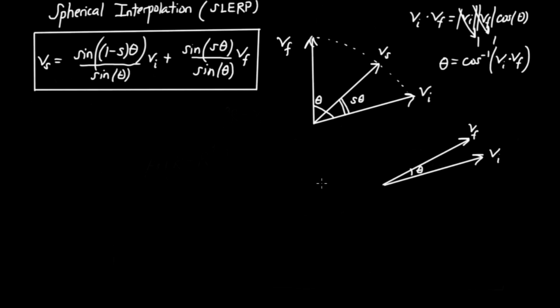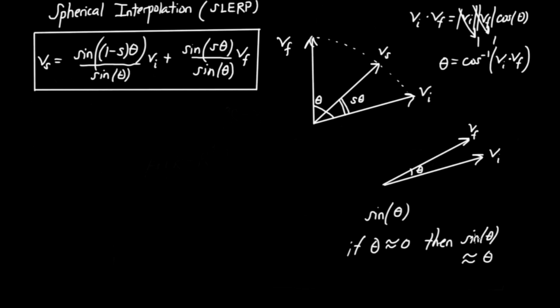Now remember the small angle approximation of the sine function. When I have something like sine theta, if theta is almost 0, that is, it's very small, then sine theta is approximately equal to theta. That's the small angle approximation.